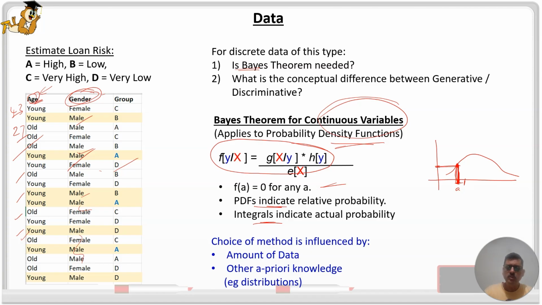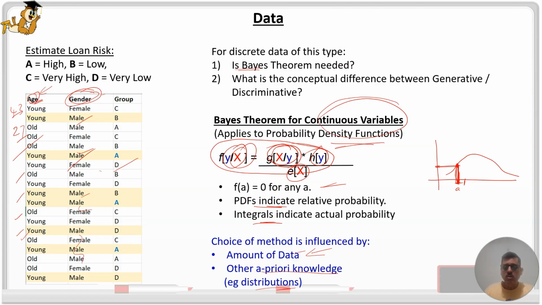The conceptual difference between generative and discriminative lies in the fact that your choice of method is going to be influenced by the amount of data and other a priori knowledge, for example, the distributions of the density functions. If you knew what a particular density function looked like, you could use that a priori information to get better results.